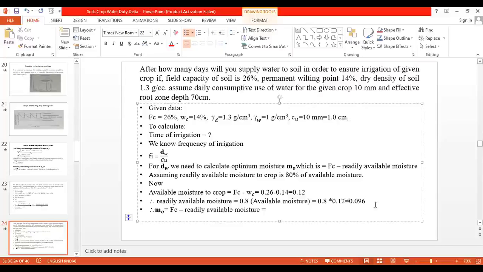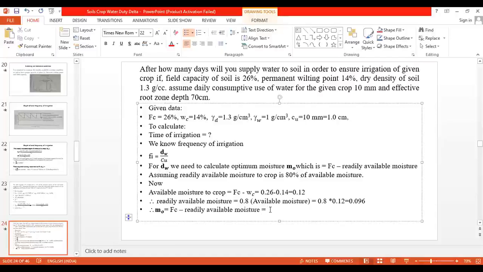That means about 9.6% is the readily available moisture. Then the optimum moisture, that is the lower limit of field capacity, we have to go for. Just put the values in.